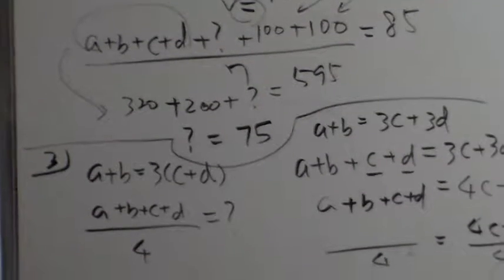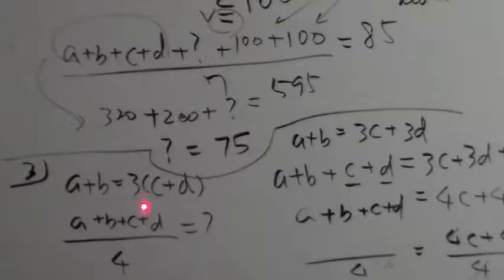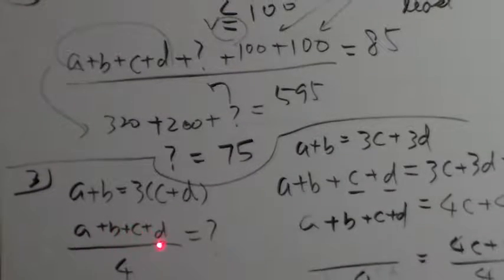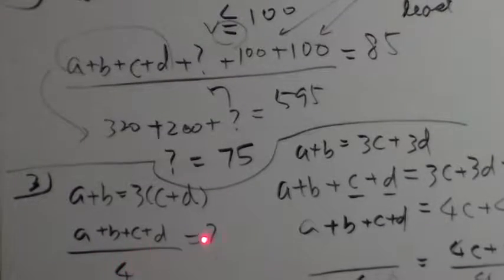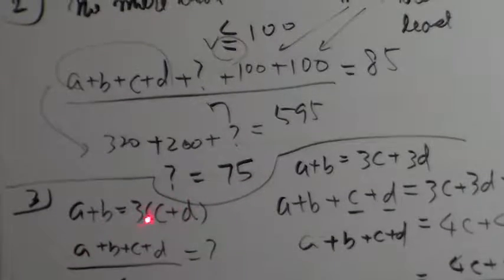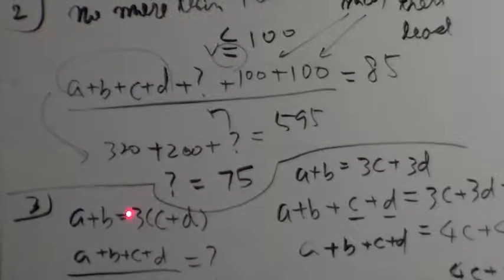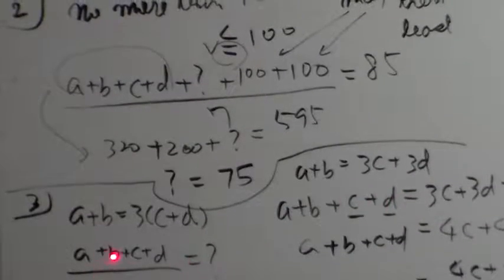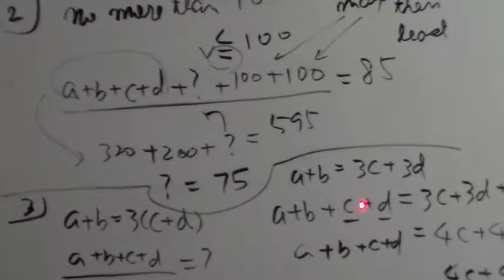Okay, number 3. They say the given condition is A plus B is 3 times C plus D. What is the average of A, B, C, D? So that means A plus B plus C plus D divided by 4 is the question. From this condition, we're gonna simply rewrite it. A plus B equals 3C plus 3D once we distribute, correct? So we need A, B, C, D. AB we already have. We need C and D, right?